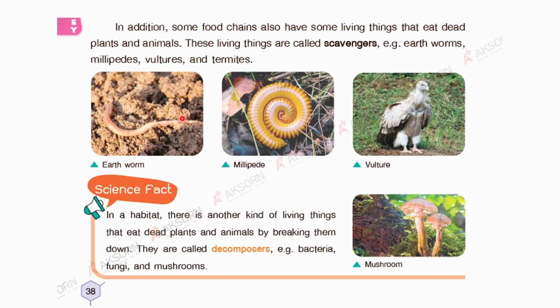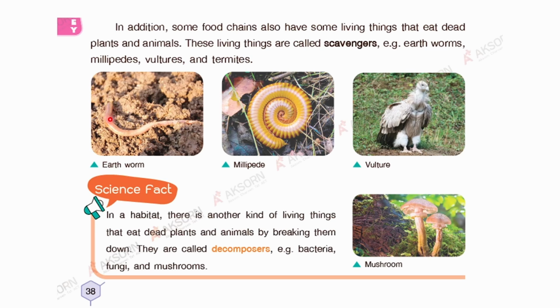In addition, some food chains also have some living things that eat dead plants and animals. These living things are called scavengers. Example: earthworms, millipedes, vultures, and termites.